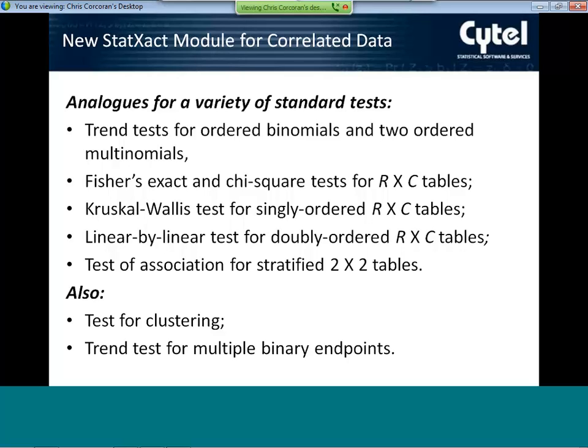And in addition to those, an exact test that helps us to measure the evidence for or against clustering within the individual units that we feel may contain correlated observations. And in addition to that, there's a multivariate trend test. So you can think of this as a kind of Cochran-Armitage trend test where we have multiple outcomes, not just one. These are all contained now in a correlated data module in StatXact.